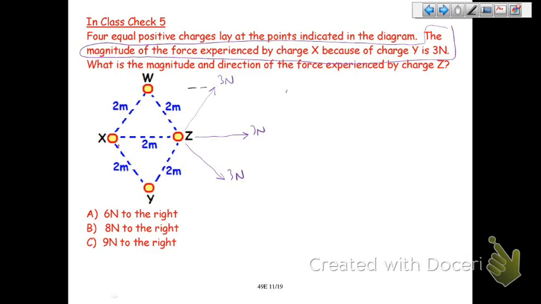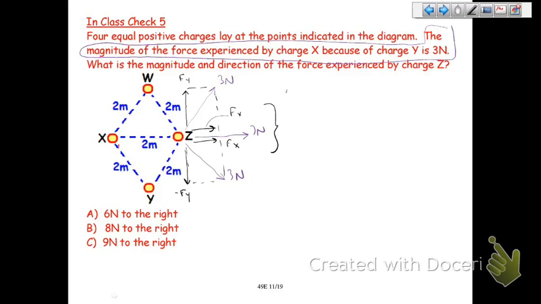That's going to break down into that component, and that's going to be, if you like, Fy. That would be minus Fy. That would be Fx. These two Fy's cancel, so it's these three I'm interested in.